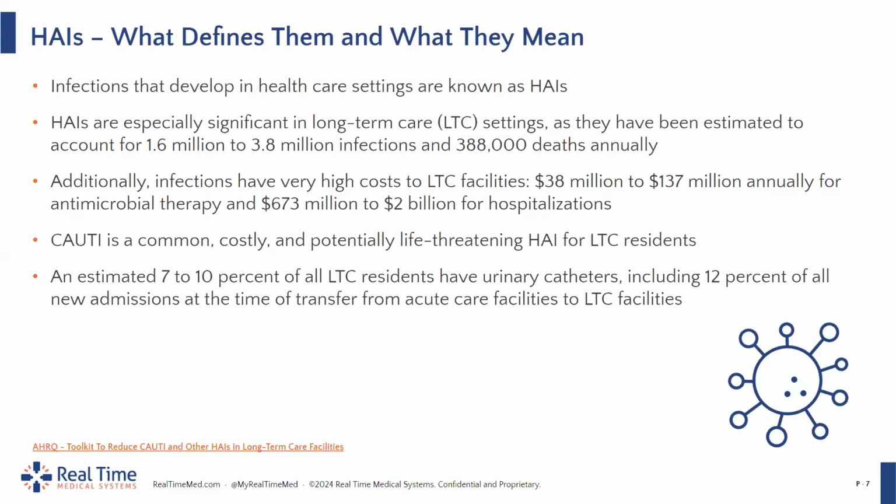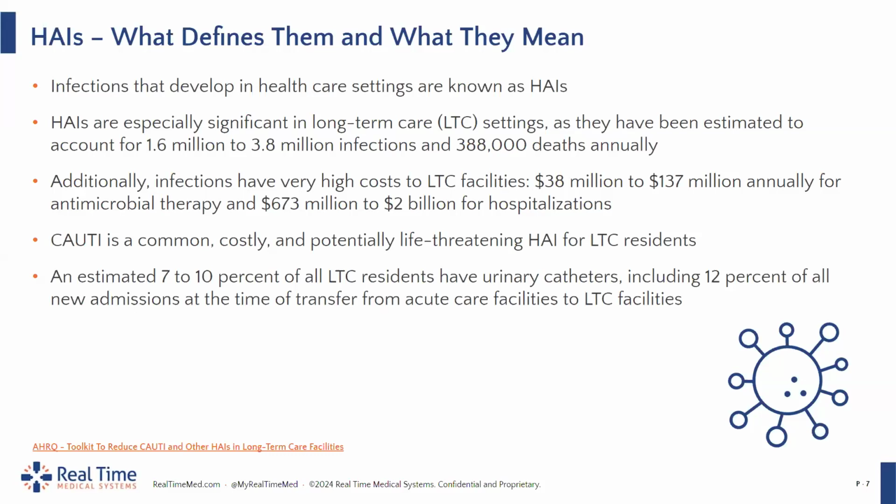And then for antimicrobial therapy, 673 million up to 2 billion for our hospitalization. So again, it's staggering. We can see here clearly why now they're looking at our healthcare associated infections and pulling it into that value-based purchasing program as part of our reimbursement.